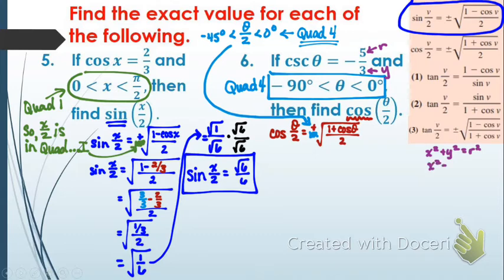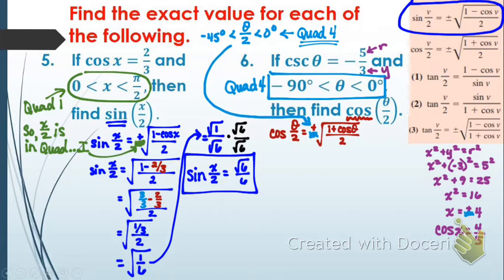So x squared plus 3 squared. Ooh, that'd be negative 3 squared, wouldn't it? Because r can never be negative. It's equal to 5 squared. X squared plus 9 equals 25. So x squared is 16, which means x is what? Plus or minus 4, but because we are in the 4th quadrant, we want positive 4. So what is cosine then? 4 over 5.